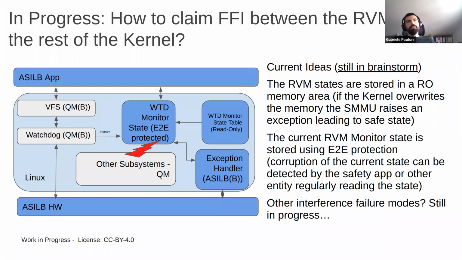And there are some ideas here. One option could be that the runtime verification monitor states are stored in a read-only memory area, so that if the kernel overwrites the memory, the SMMU would raise an exception. Another option would be to store the runtime verification monitor states using end-to-end protection.